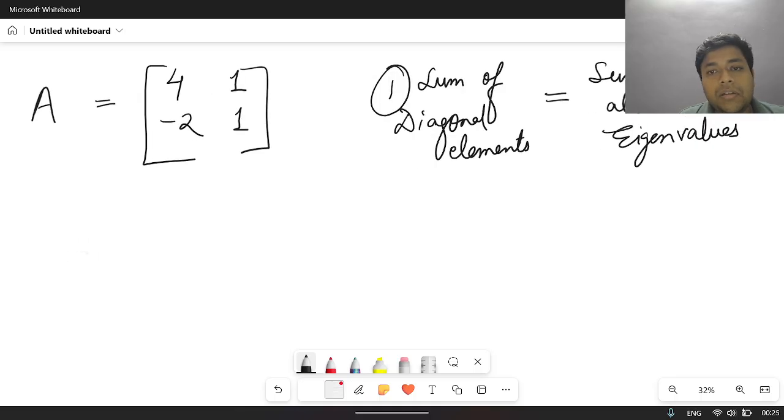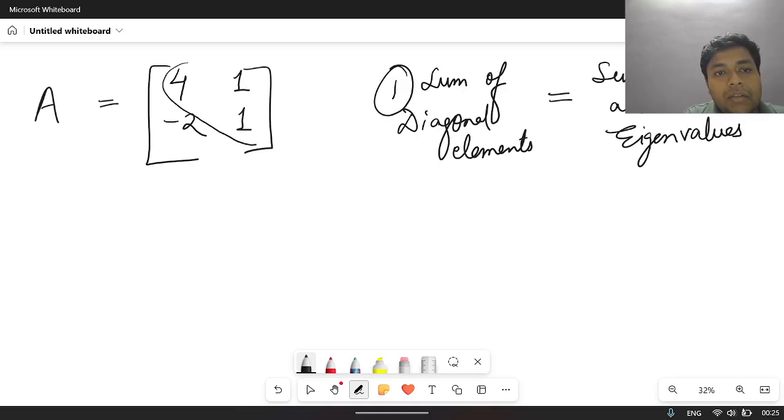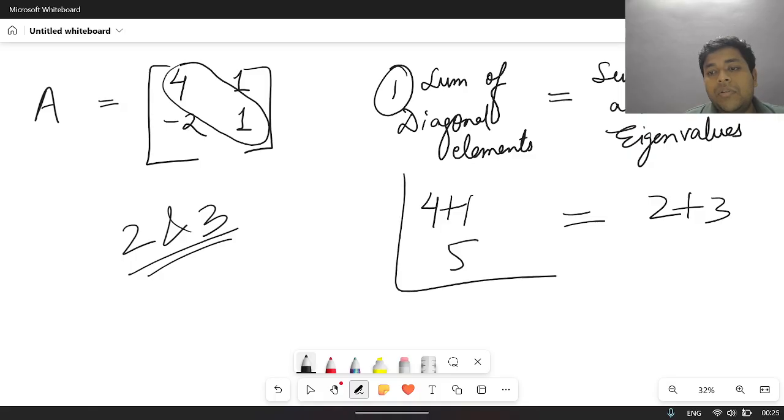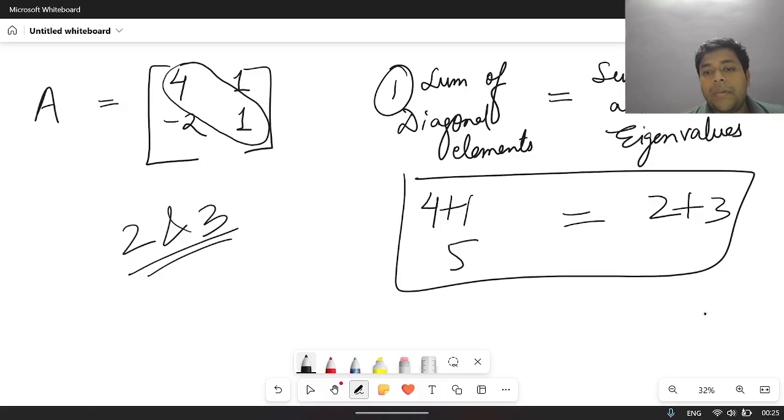What this means is that the diagonal elements here are 4 and 1, so 4 plus 1 will give you this. And what were the eigenvalues? Those were 2 and 3. So this is 3. So this is what is meant by this property. Right.